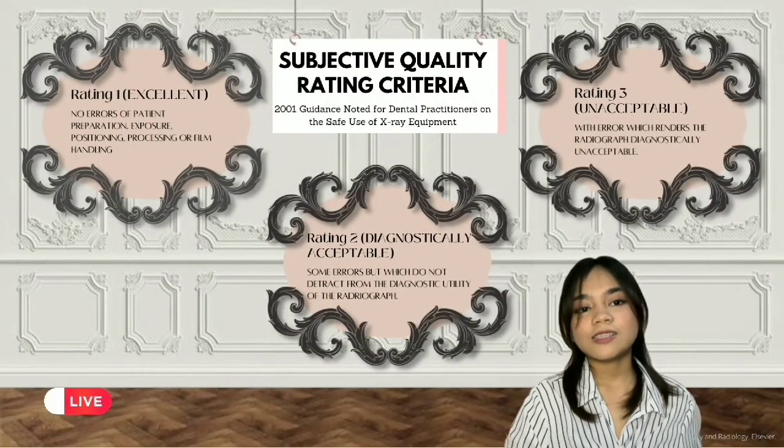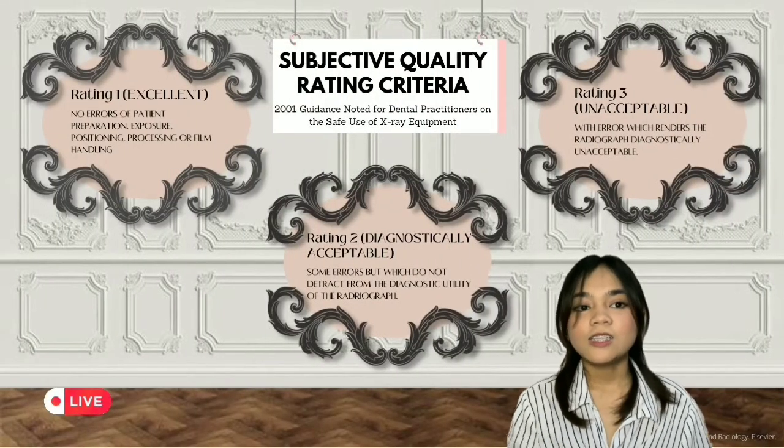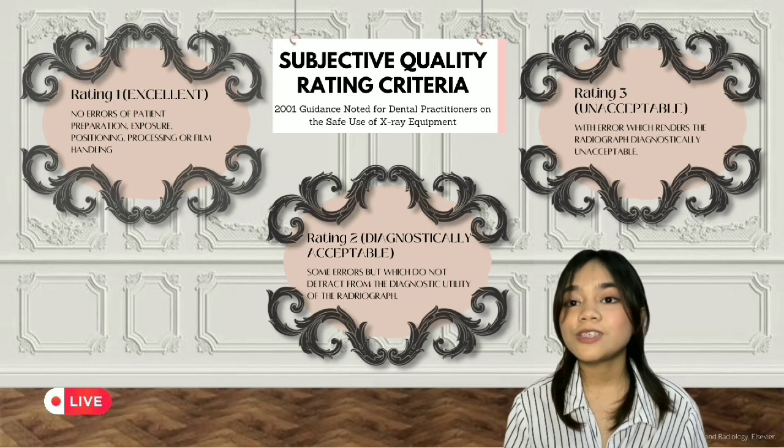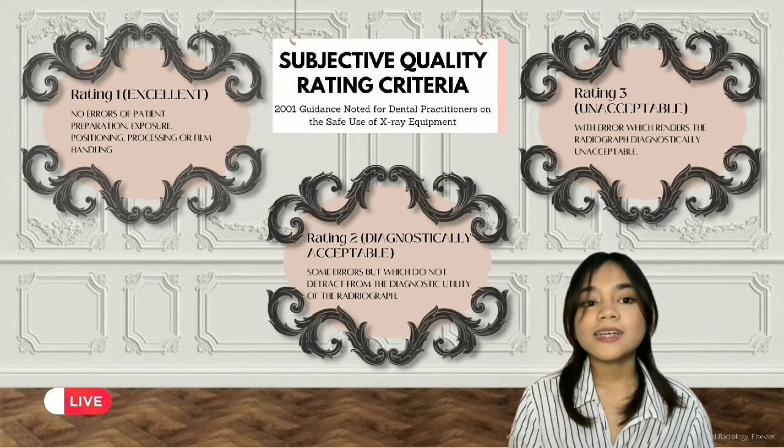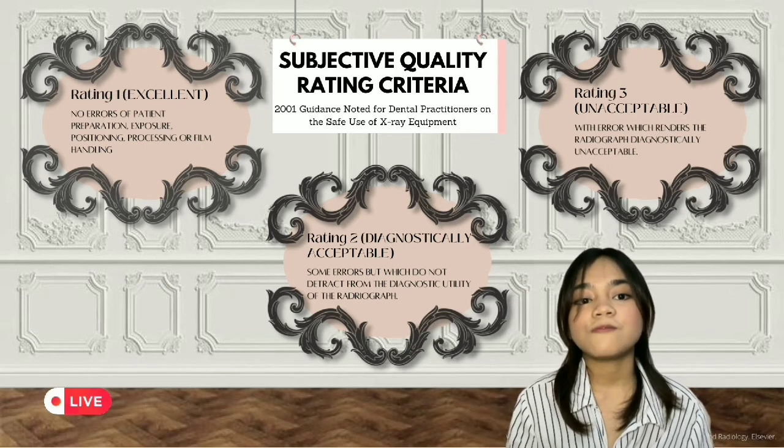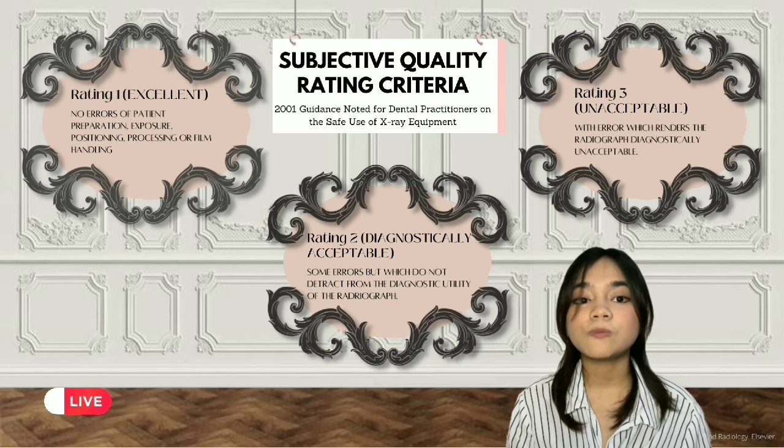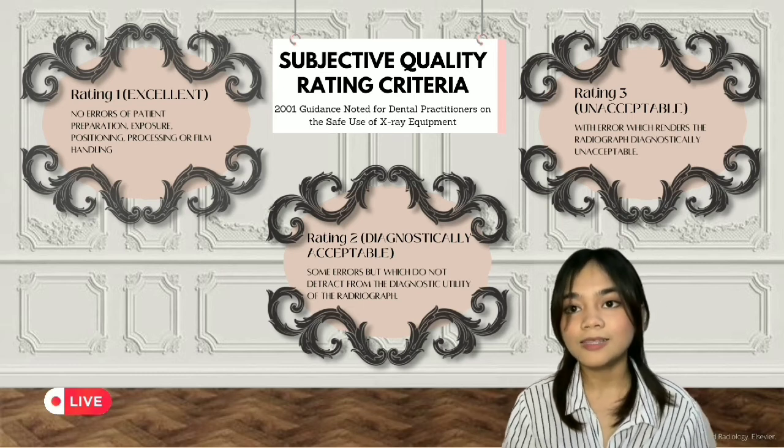These are the subjective quality rating criteria. So we can say that the image is a 1 or excellent if there are no errors of patient preparation, exposure, positioning, processing, or film handling.